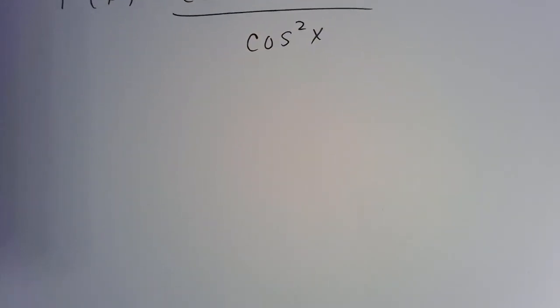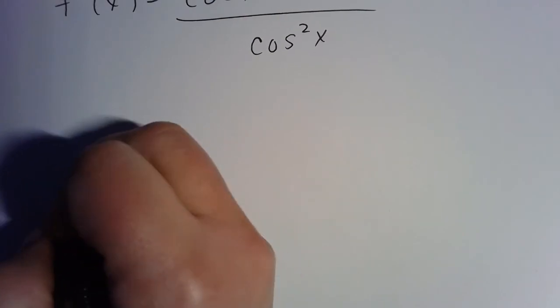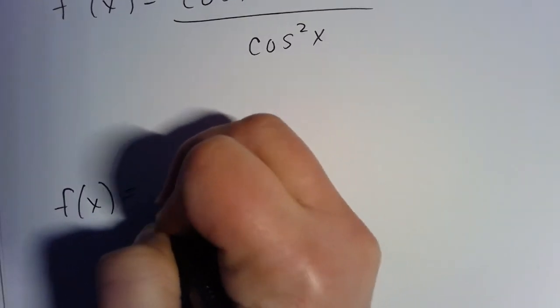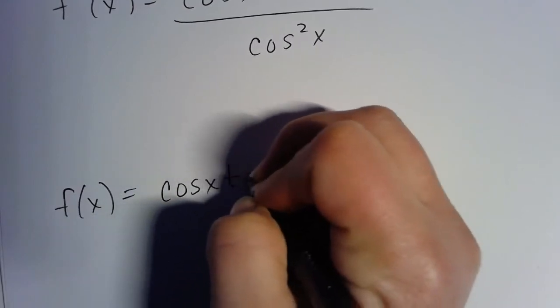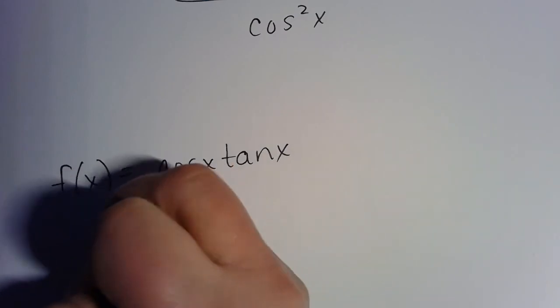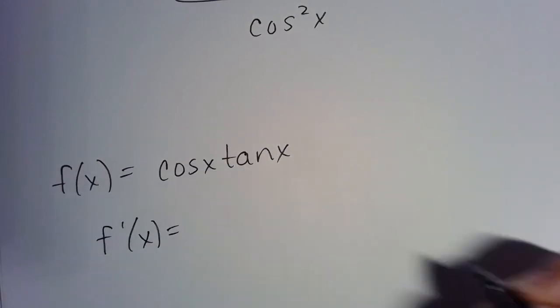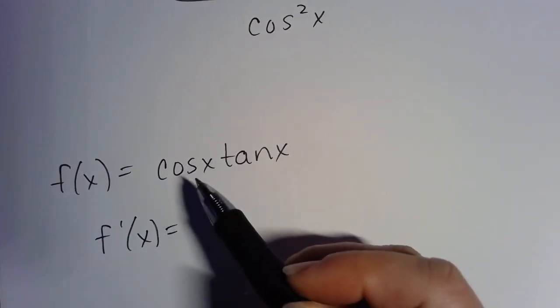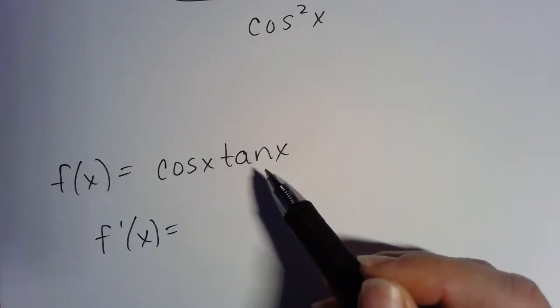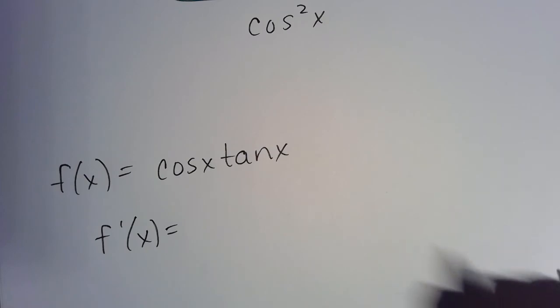So let's do one product rule then. What if we have f of x equals, how about cosine of x times tan of x? This time we need the product rule. The product rule says the derivative of one times the other, plus the derivative of the other times the first.